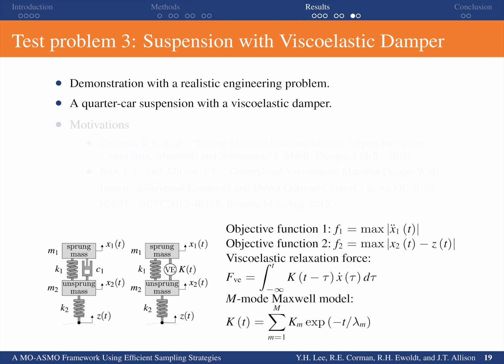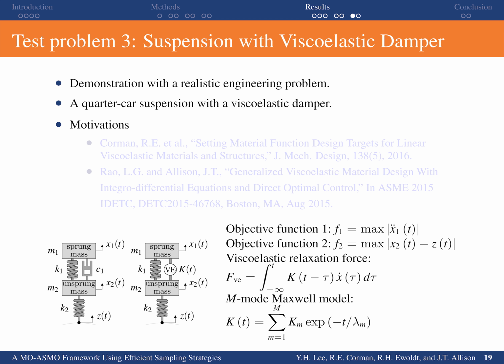The viscoelastic relaxation force is computed by a convolution integral term with a history of the state variables, which makes the problem computationally expensive. We developed this problem in conjunction with our previous studies related to material function design. We previously set the viscoelastic material function as the design target for designing a vibration isolator.